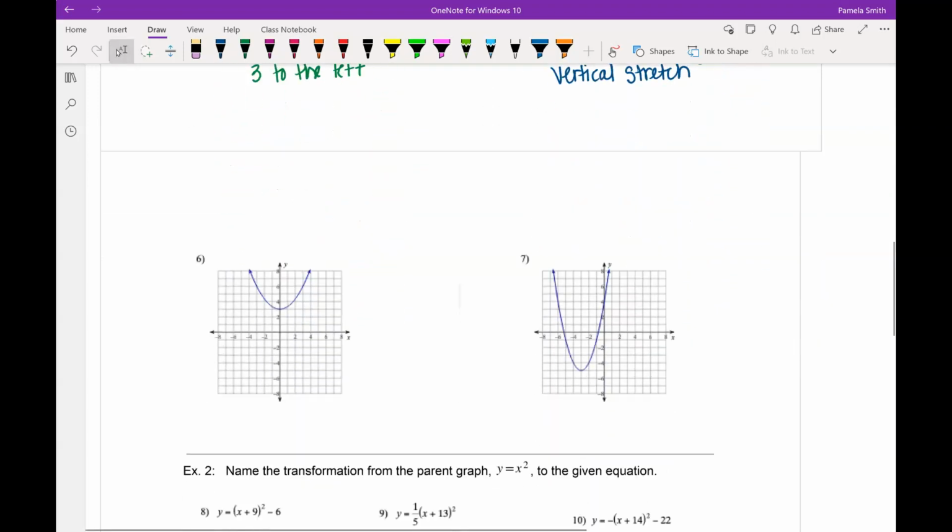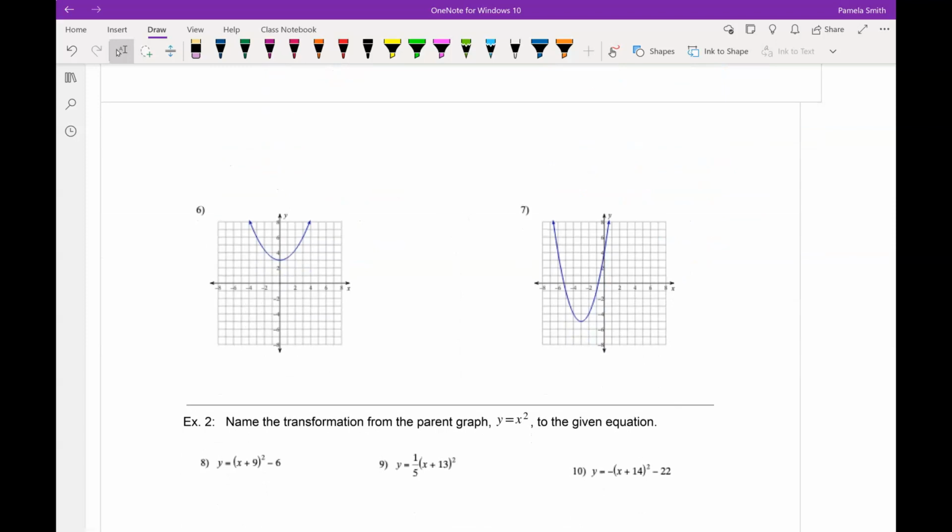All right, so if we look at number 6 here, again, if it helps you, graph in that parent function.